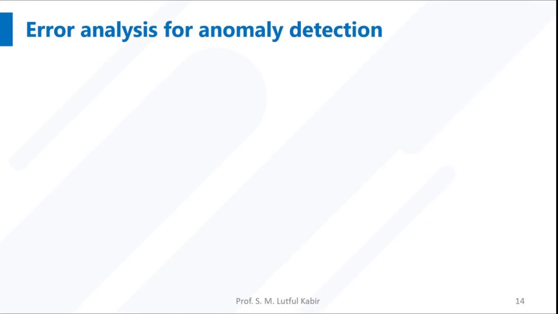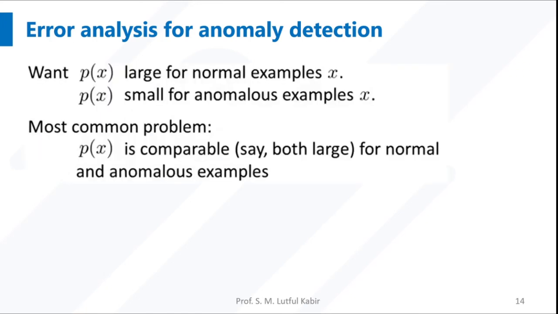Let us now discuss error analysis for anomaly detection. If you can analyze the error, then you have the opportunity to correct it. Our objective is that we want the probability of x to be large if it is a normal example, but if it is an anomalous example, then you should expect a small value of probability.